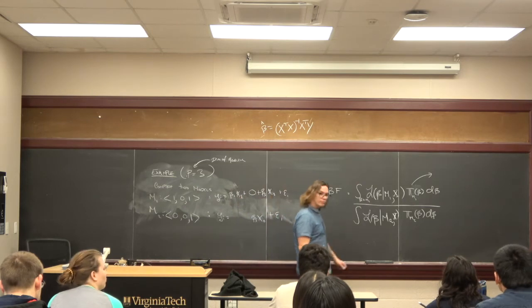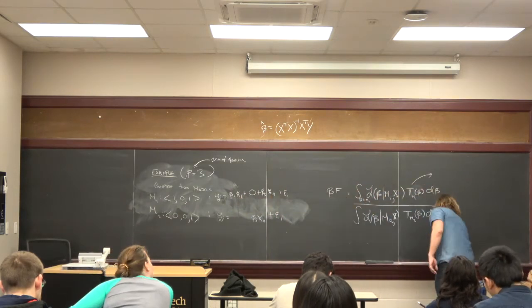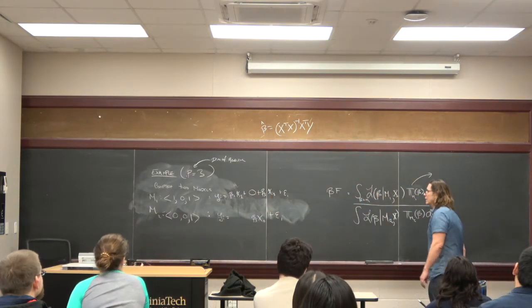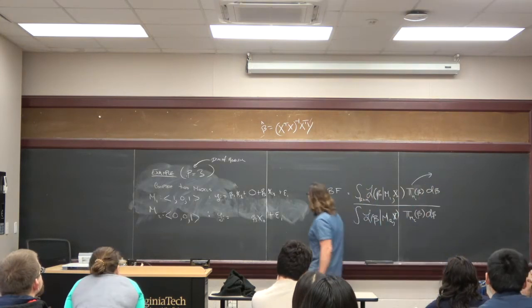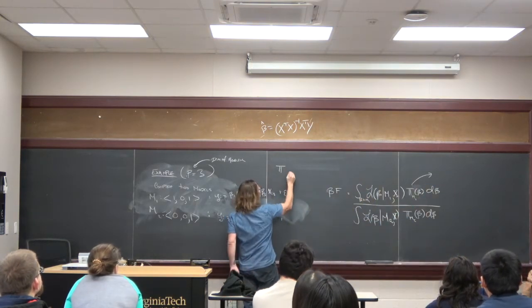So should delta for that be equal to 1, 0, and 1? Yeah, so what's my prior here? How do I just write it down? Let's remember, this is what we've got.